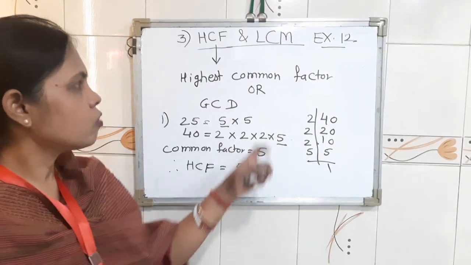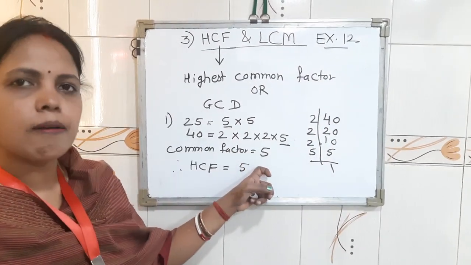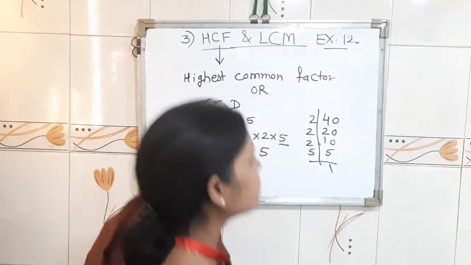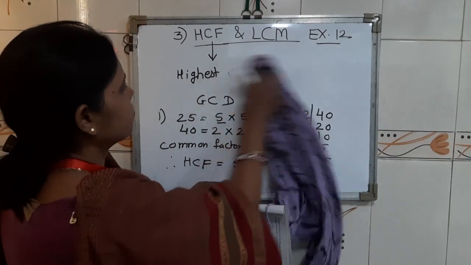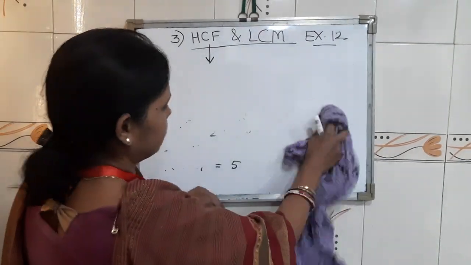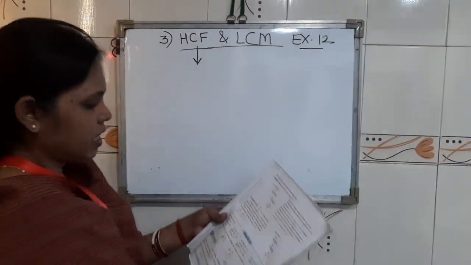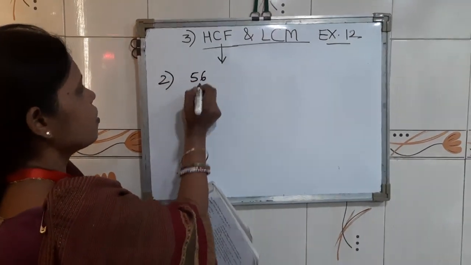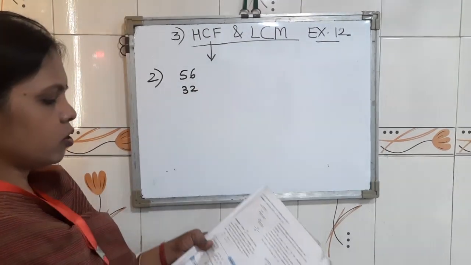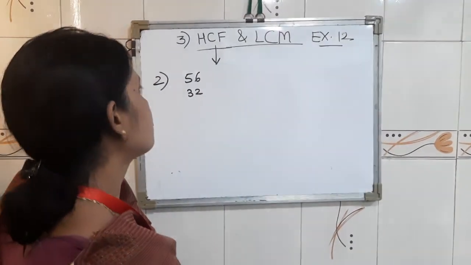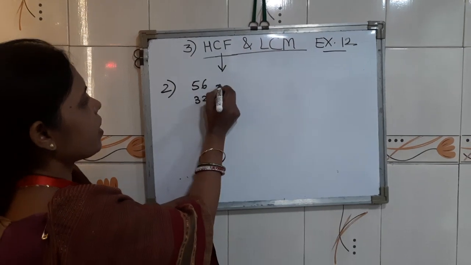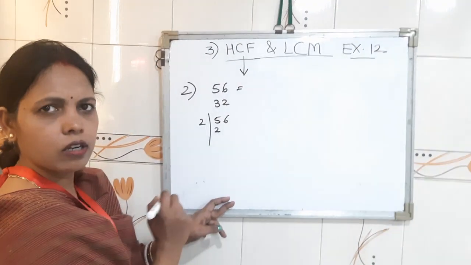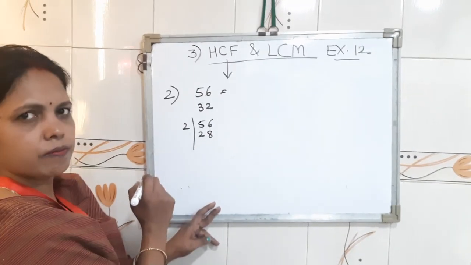I hope you understood the first sum of HCF. Now we will move to our next sum, 56 and 32. Second question, 56 and 32. For 56 we will find the factors. 2 2s are 4, 2 8s are 16.